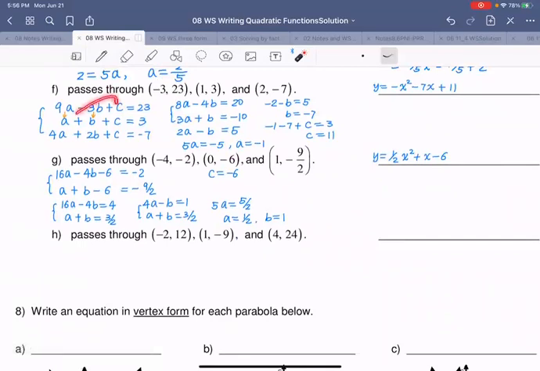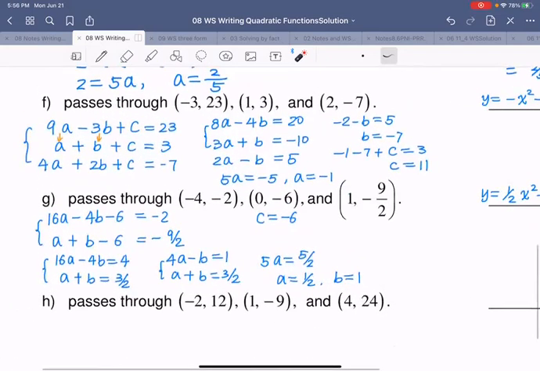This system is not hard to solve because they all have a plus C at the end, so you can subtract and cancel the C. After you cancel the C, you have a 2-variable system of linear equations, which is easy to solve.